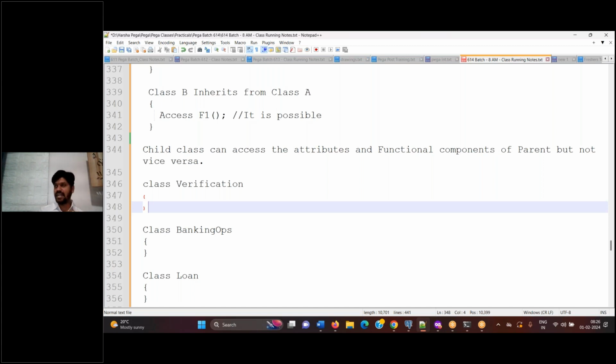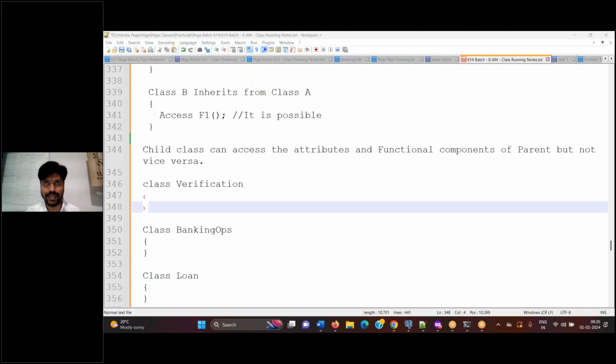This verification department is going to work for all other departments or for itself only? Verification department is going to work for all other departments. Maybe the banking department wants to communicate with the verification department and utilize their functionalities. In reality, these people will go and give them the documents.